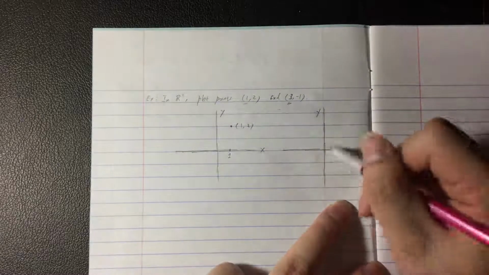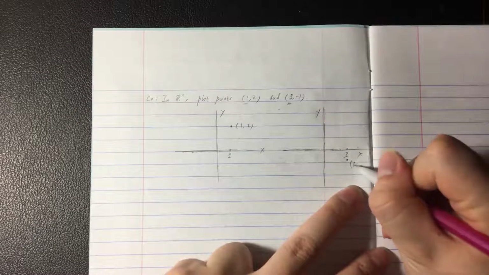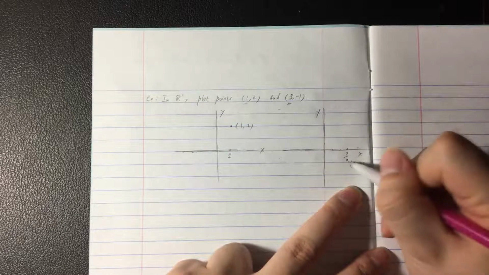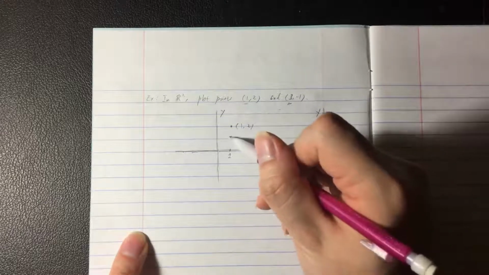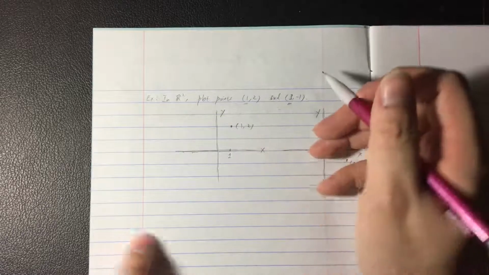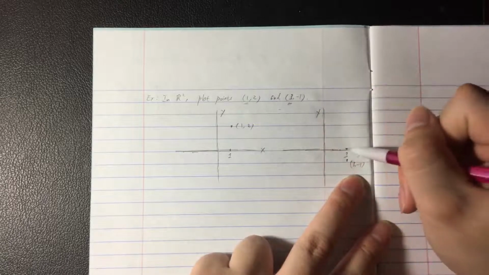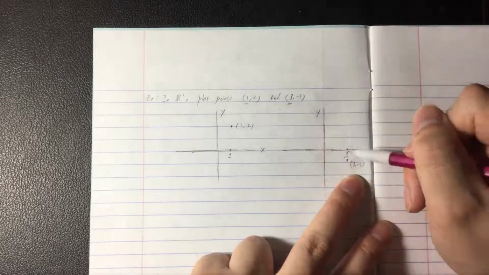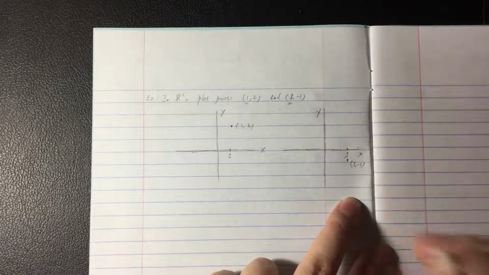We go down by 1 unit. That's the point (3, -1). So we plot the x coordinate first, then go up by 2 units for the y coordinate. For the other point, we plot the x coordinate first, then go down by 1 unit. That's how we plot points in R2.